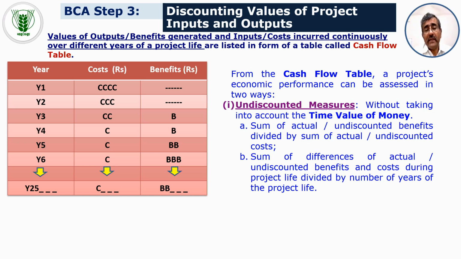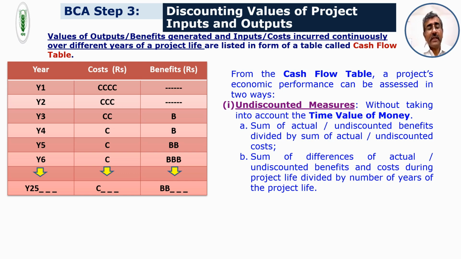The first way is the undiscounted measures, that is without taking into account time value of money. We can simply add up all the costs across the 25 years, then all the benefits across the 25 years. We divide these totals, that is the total of benefit by total of cost, and the resultant figure, if it is more than 1, we say the project is economically successful.